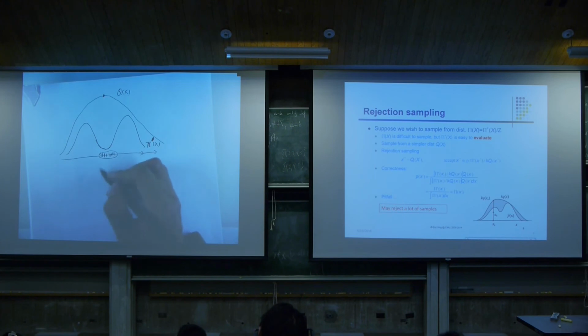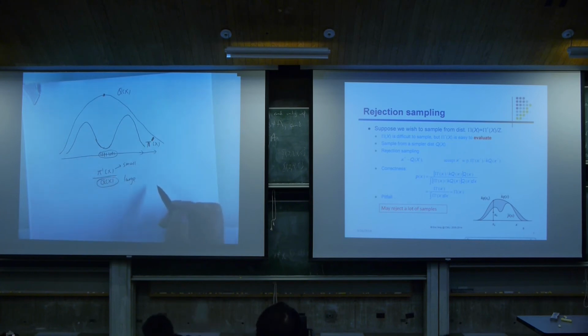So remember the accept rate, pi prime x over qx. This quantity here is very large, and this quantity here is very small. So if you do the division, this accept probability will be very small. And with high probability, you will reject a lot of examples here, simply because this quantity here is very small.